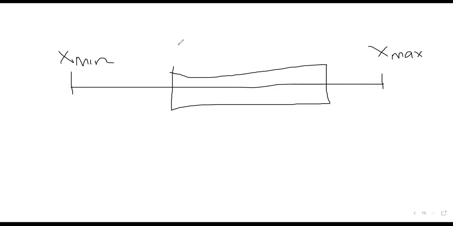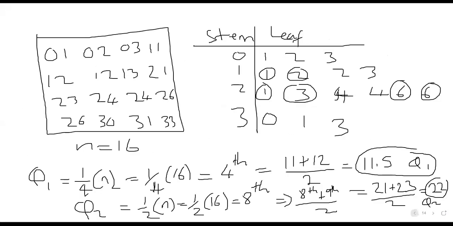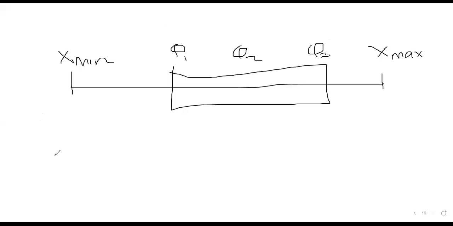Then Q1, Q2, and Q3. Excellent. What is our lowest value of x in this data? 1. All right.